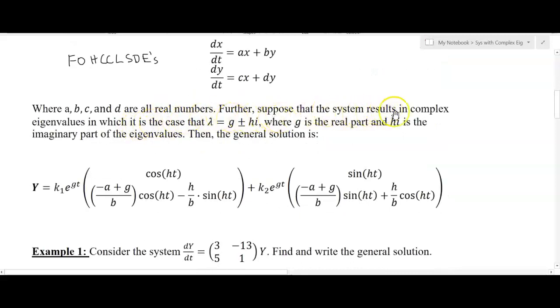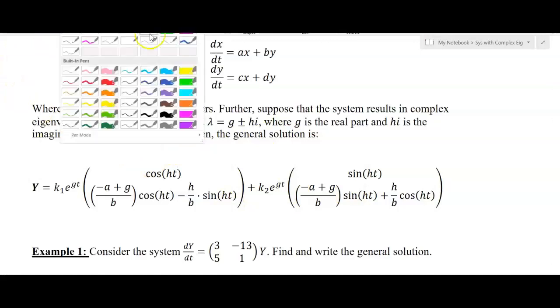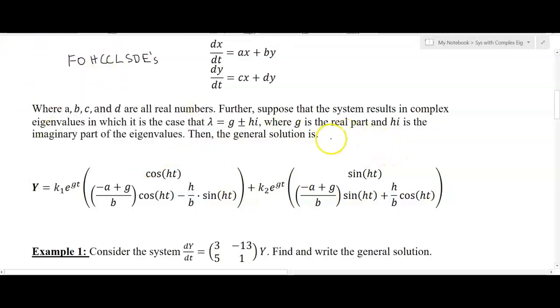Further, suppose that the system results in complex eigenvalues in which lambda equals g plus or minus hi, where g is the real part and h times i is the imaginary part of the eigenvalues. Then the general solution is this big gigantic mess. We won't derive this, although I do have a derivation I could share if you are interested.